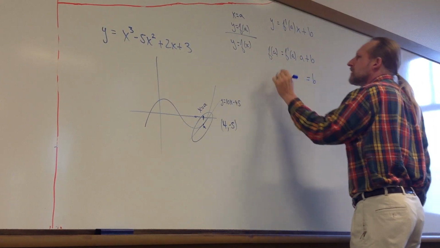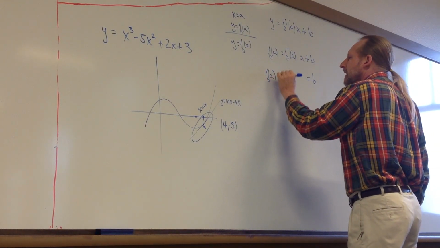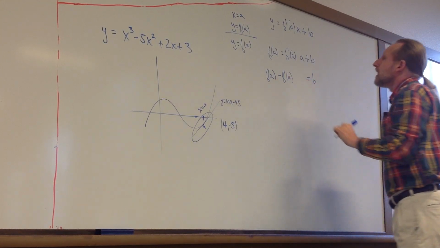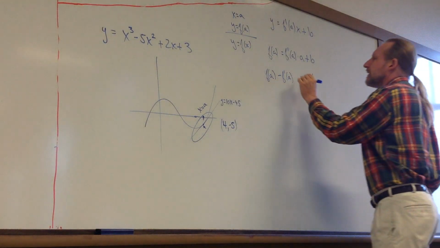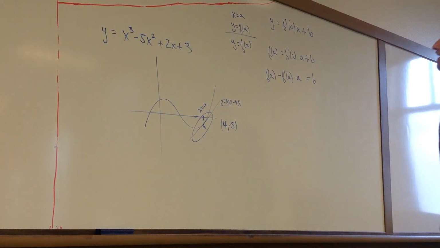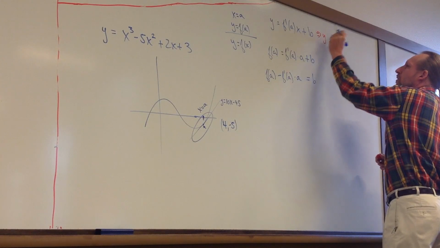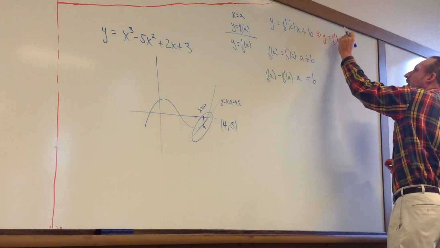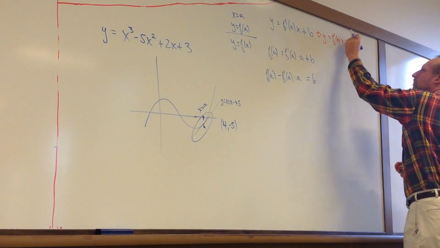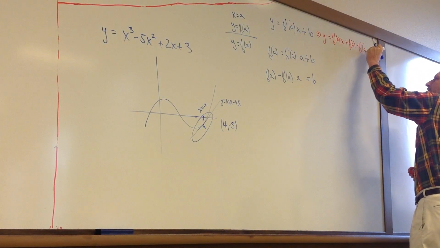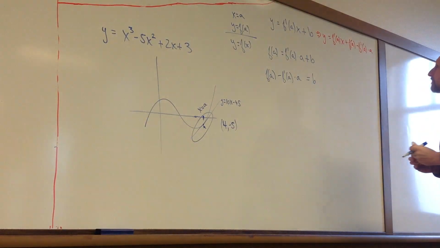And then b is going to be equal to f of a minus f prime at a times a. All right, so now that's going to make this equation f prime at a times x plus f of a minus f prime at a times a.